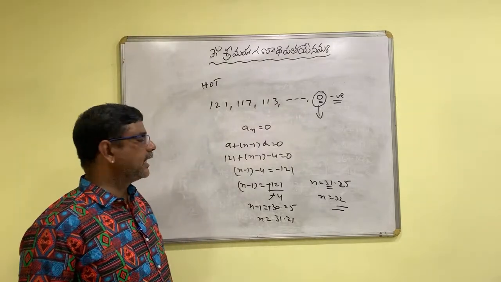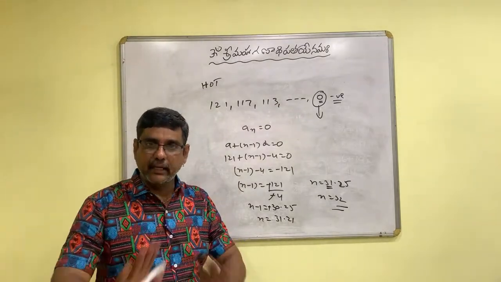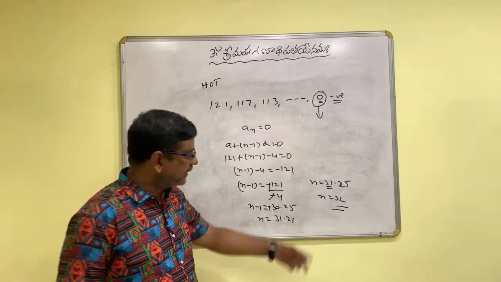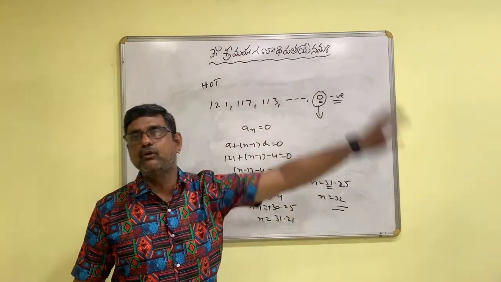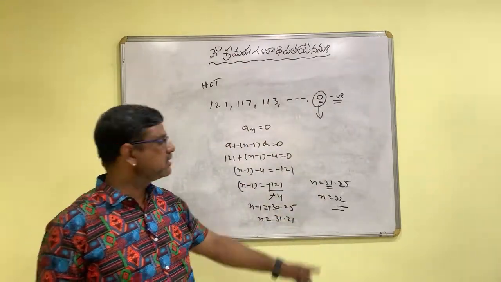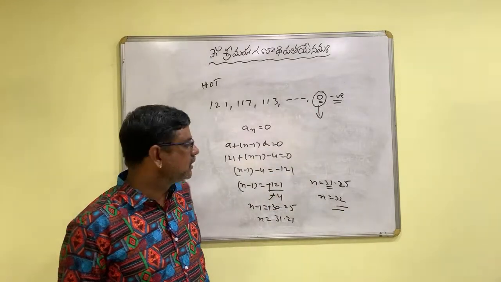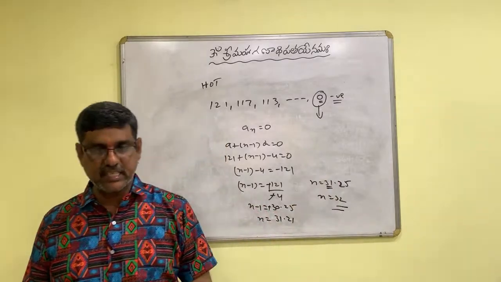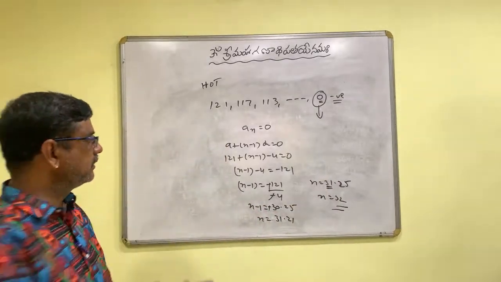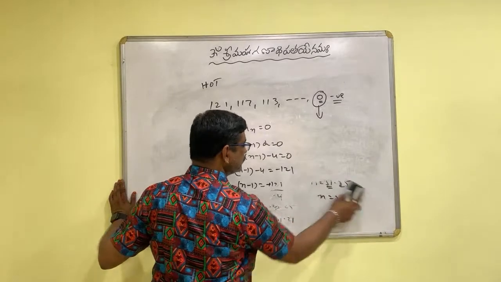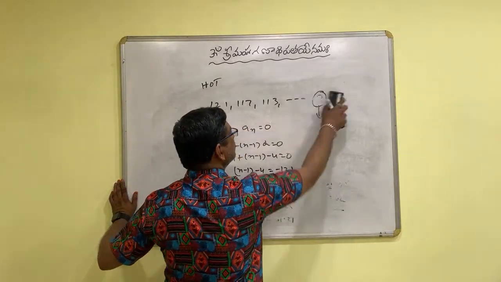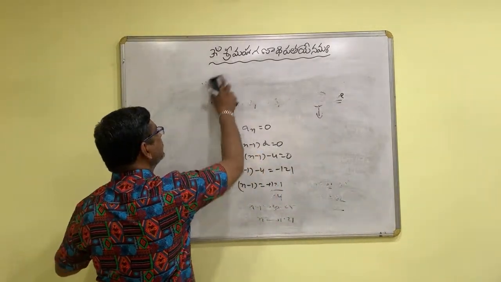That means the 31st term is very much near to 0. That means the 32nd term is the first negative term. Then this is what I want to say. You said that you understand, then no problem, I am going ahead with the next one.